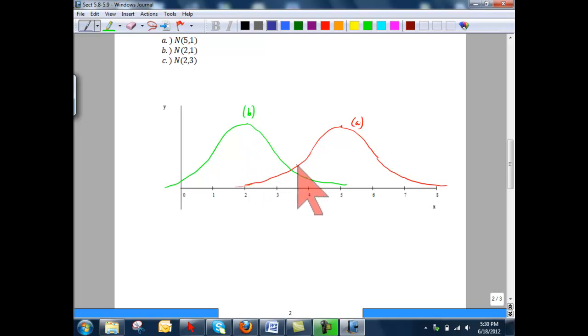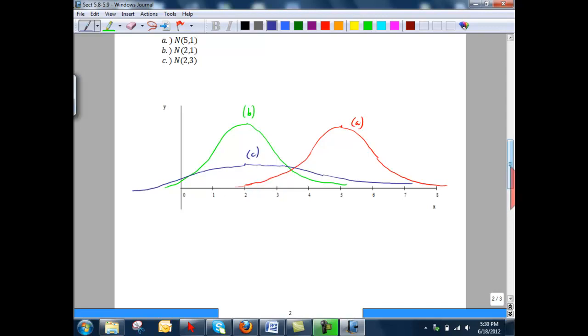If I'm going to spread it out more, then the height has to come down to keep the total area the same. And so it's a curve that's shorter here, and now it's going to go out to 5 before changing concavity, and back to -1 before changing concavity. So this is curve C. So if I know the mean and standard deviation, I can draw the appropriate bell curve.